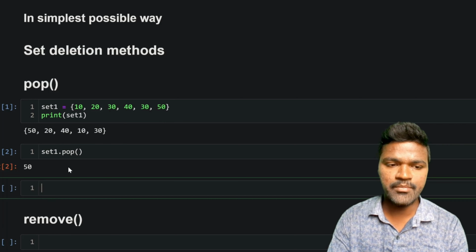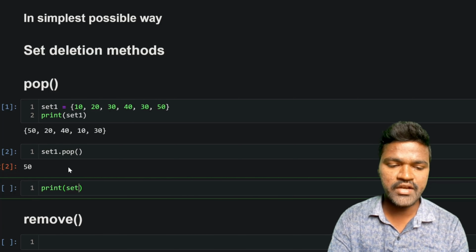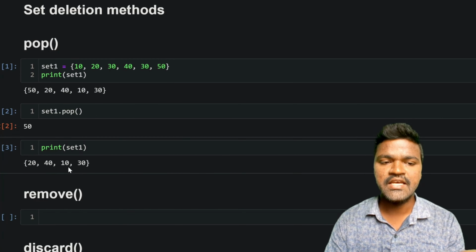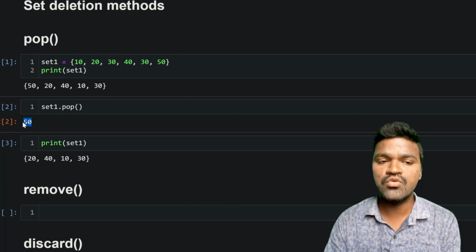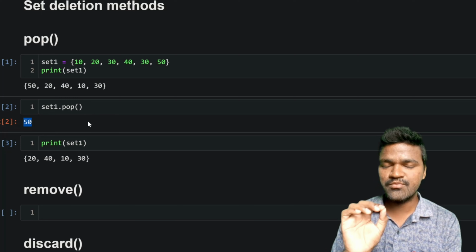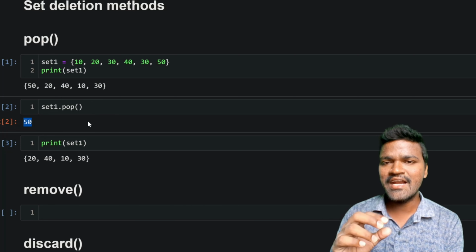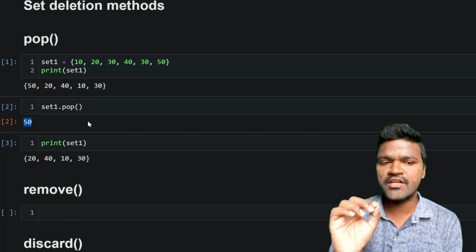If I print set1 here and execute, you can see we cannot have 50 here, because 50 is removed by using the pop method. So by using the pop method, randomly any one of the elements will be removed.